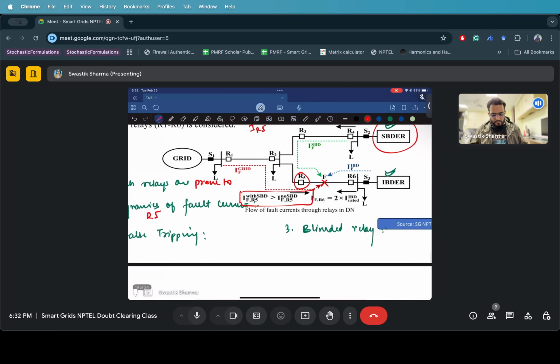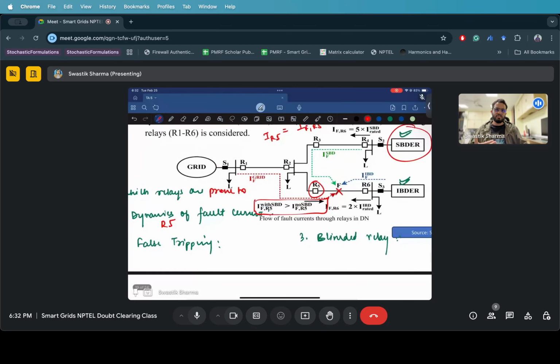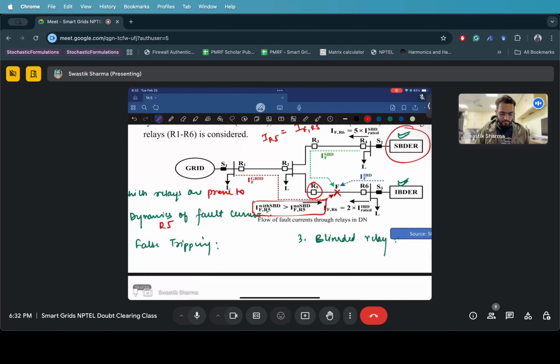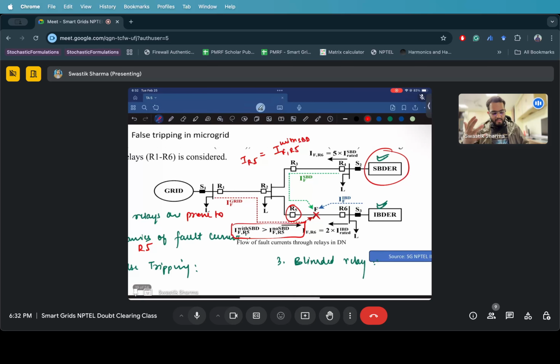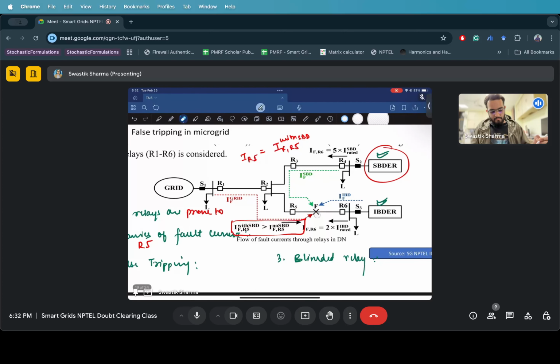Now let's do the second one. Who can tell me which relay is more prone to false tripping? You have to think from the perspective of what happens during this. For this fault, the synchronous based DR is supplying 5 times the rated current.